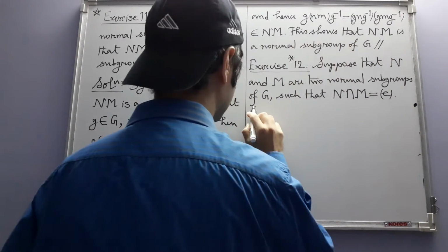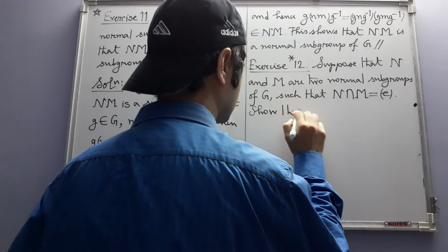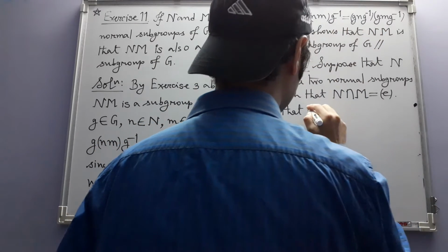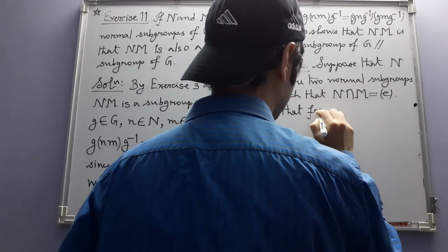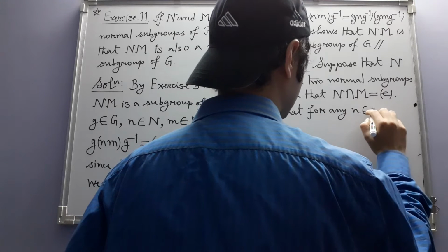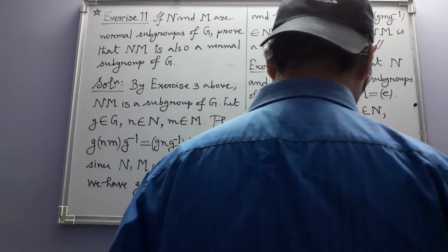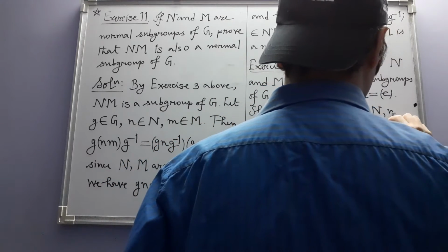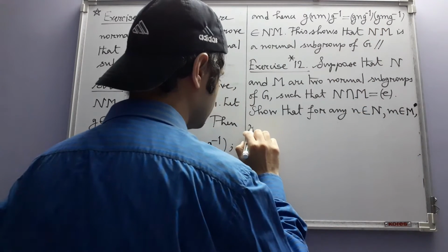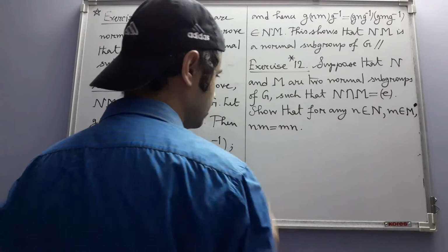Show that for any n belonging to N and m belonging to M, nm is equal to mn.